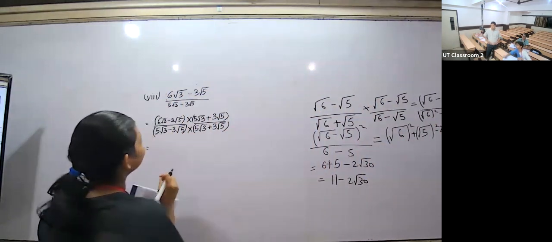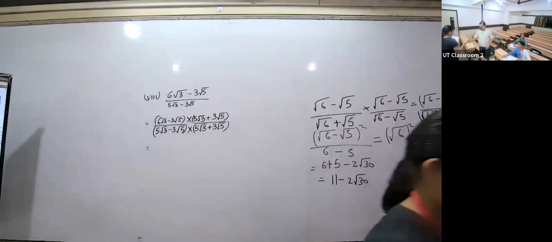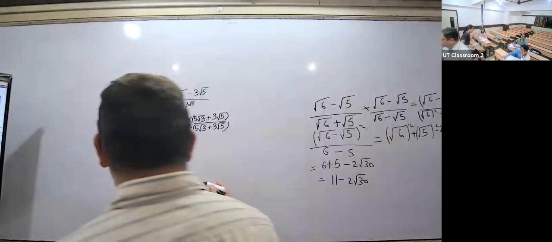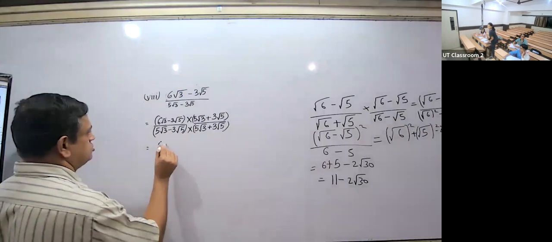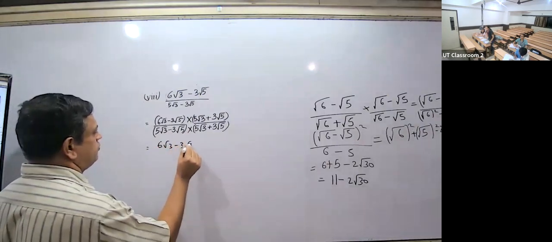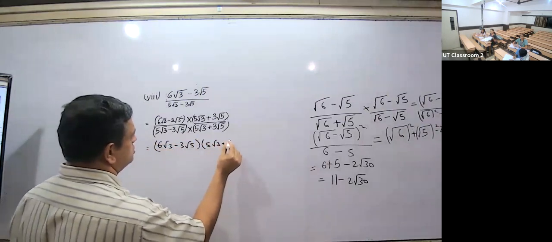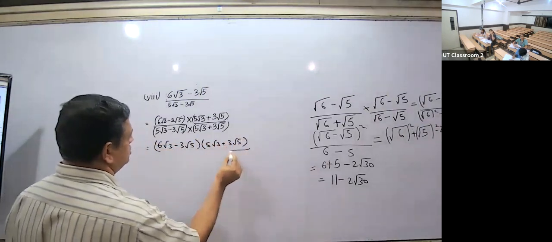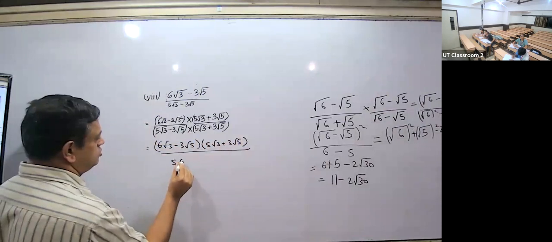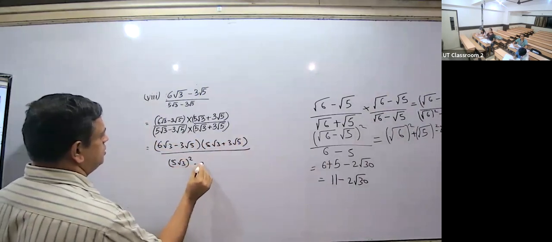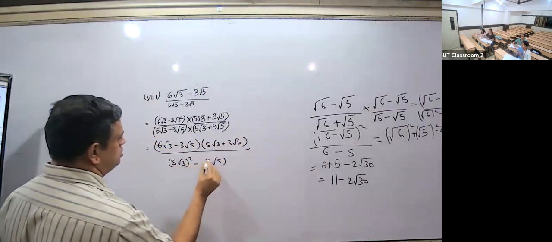I'll do it. It's complicated, so may I do the numerator, leave as it is for the time being. 6 root 3 minus 3 root 5 times 5 root 3 plus 3 root 5 divided by (5 root 3) whole square minus (3 root 5) whole square.